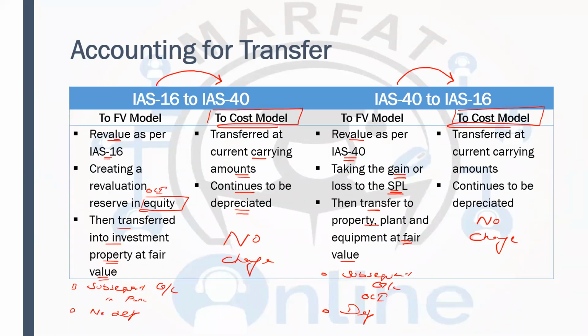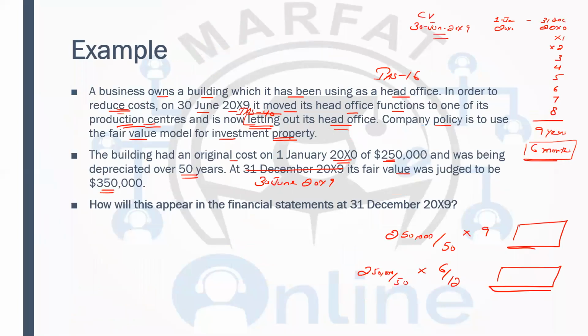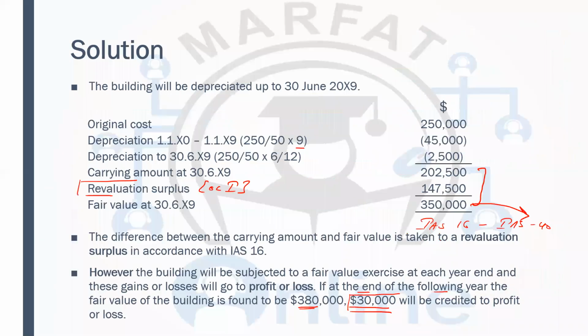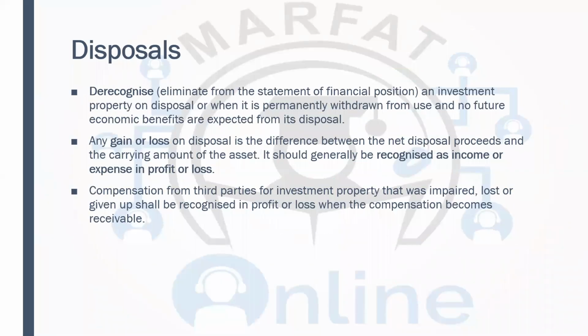When you are transferring it, revalue it as per IAS 16. Any gain or loss will be recorded in other comprehensive income because the property is still in IAS 16. Then transfer it to investment property at fair value, and the subsequent gain or loss will be recorded in profit or loss, and no depreciation.